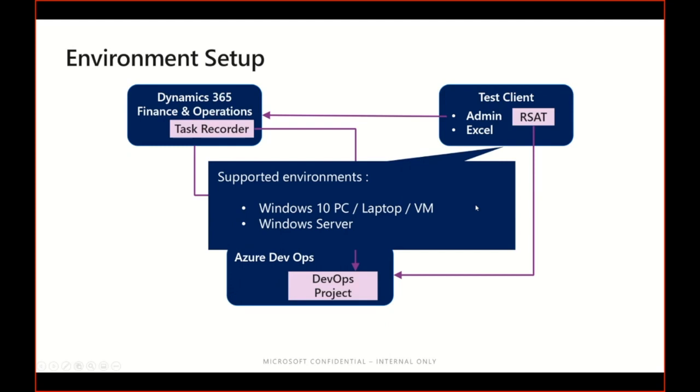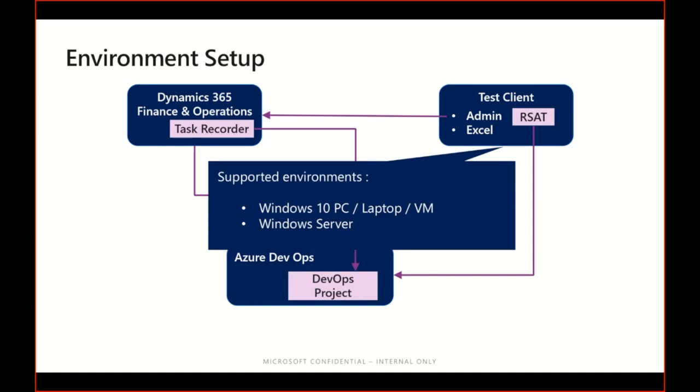Regarding supported environments for our test client, we can use basically any Windows 10 PC. It might be your laptop, might also be a virtual machine. And if you think about regular execution of your test suites, you should probably not take a personal laptop, but should look for a dedicated VM.